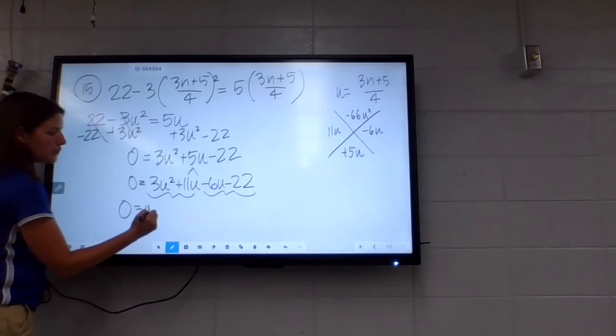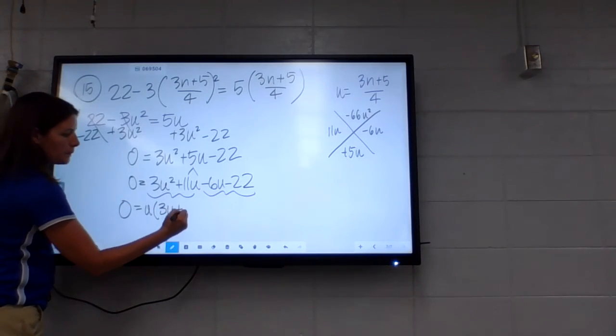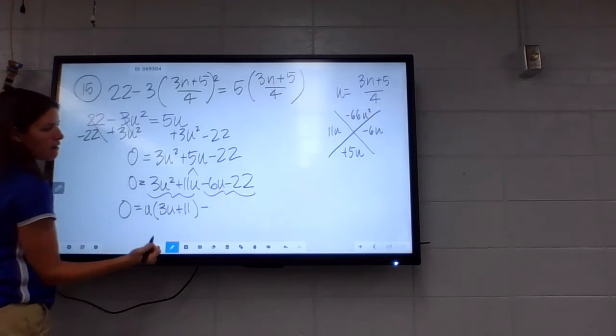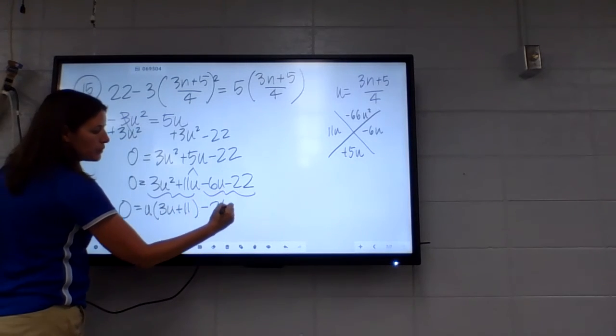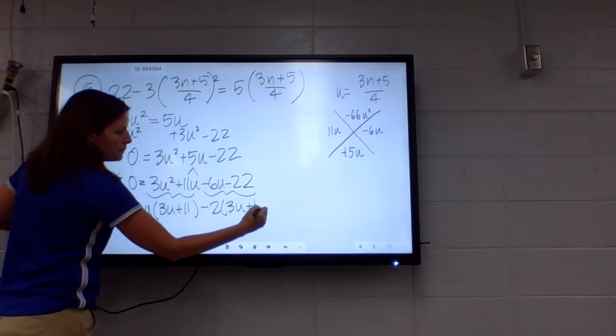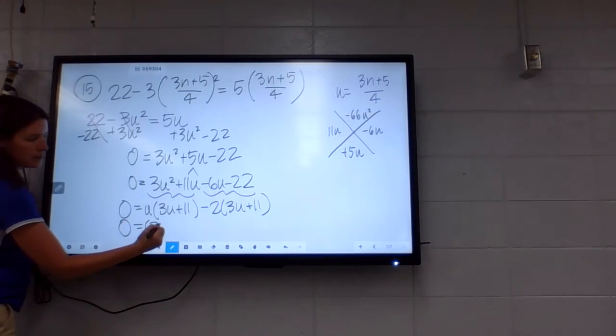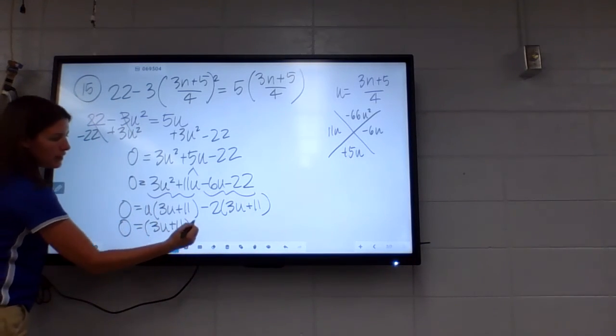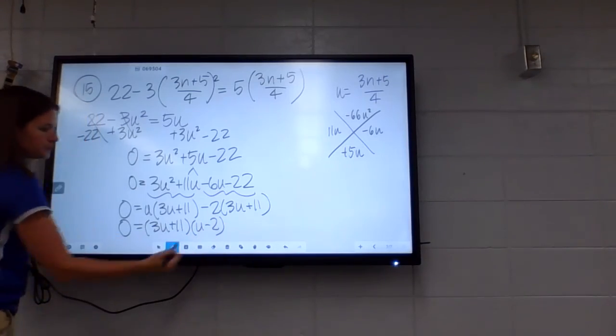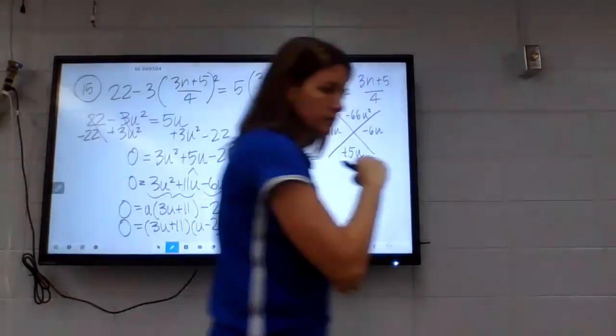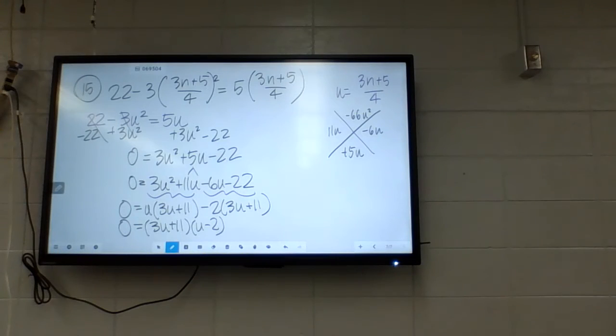So I take out a u. Take out a negative 2. So I have the same thing twice, the 3u plus 11, and then u minus 2. So that'll allow me to solve for my u, and then once I know u, I'm going to put it back into that little purple one up there.